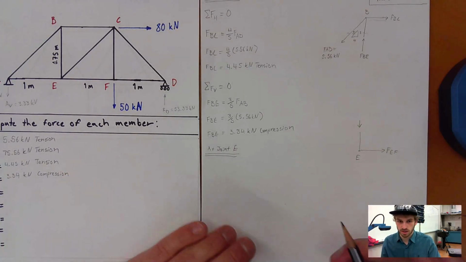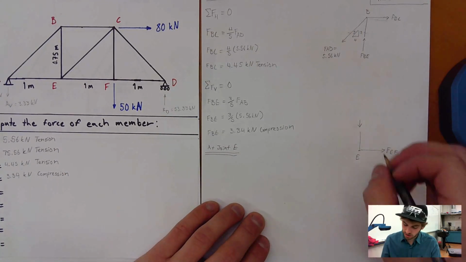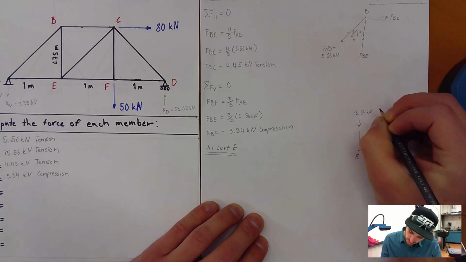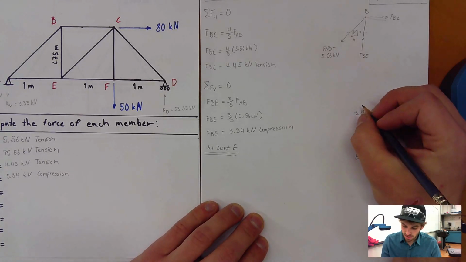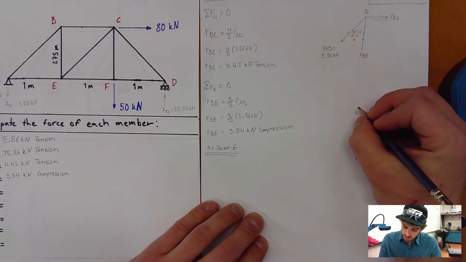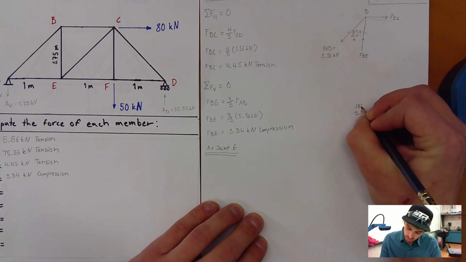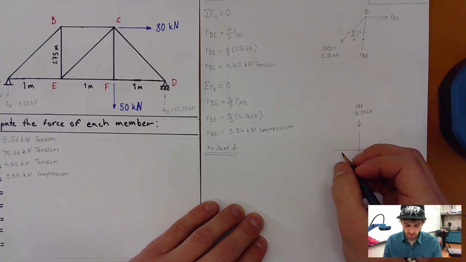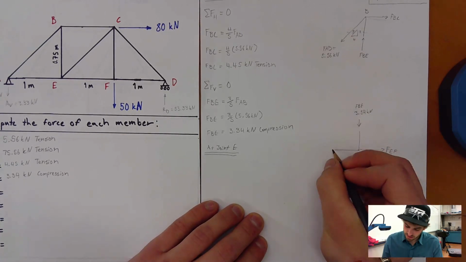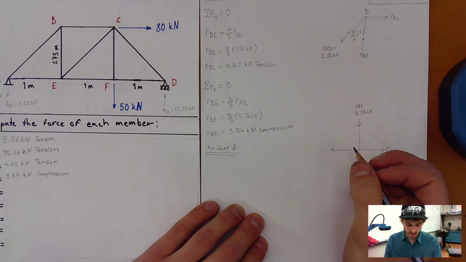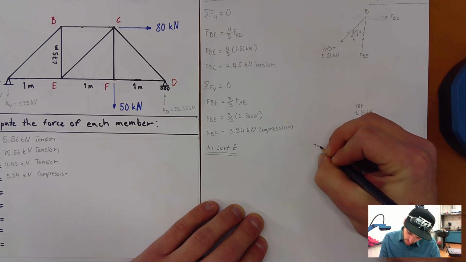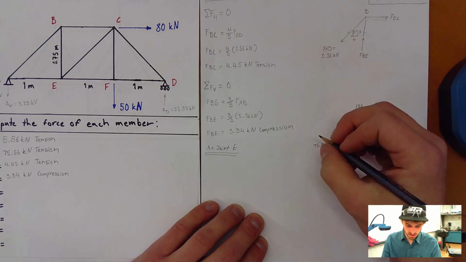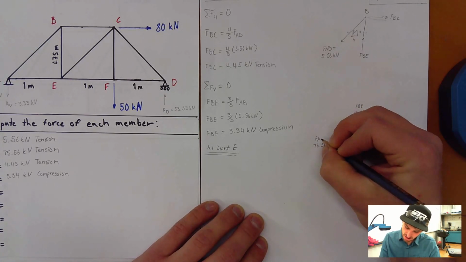It's going to be squished in compression, 3.34 kilonewtons, and that is FBE. We've got the AE, which is going this way, and we know that is 75.56 kilonewtons, and that is FAE.